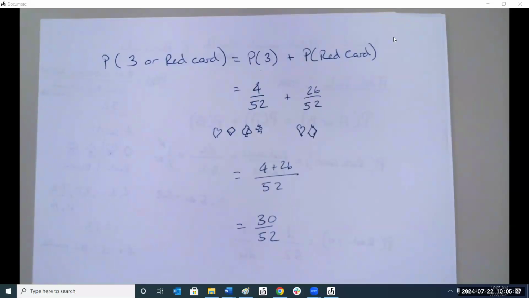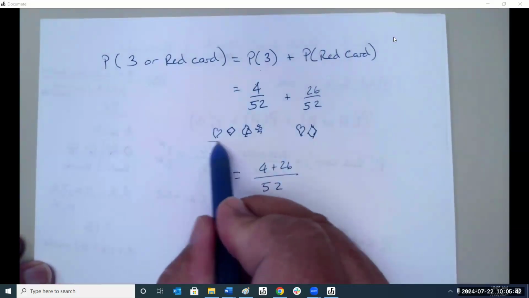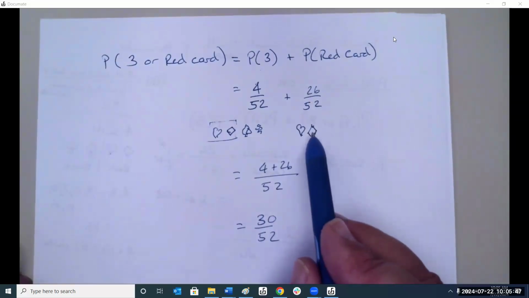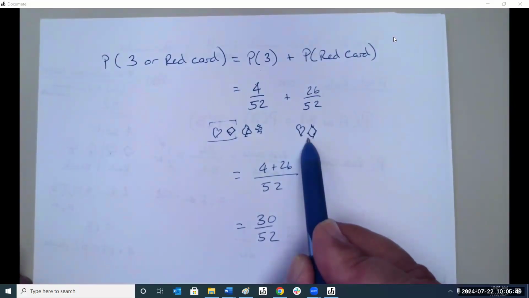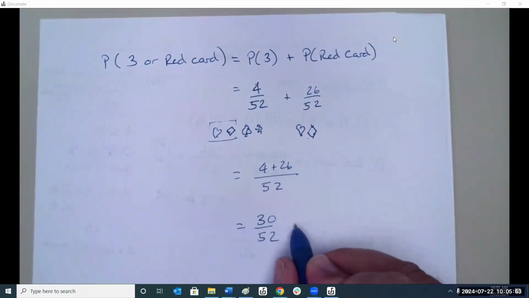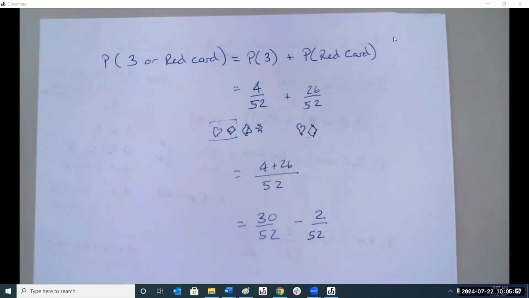It would seem so, but no. Are there any overlapping cards? Which ones? Exactly. Because of the 3s that we picked, 2 of them are red. So they're in here also. Right. What we have to do is discard where they overlap.